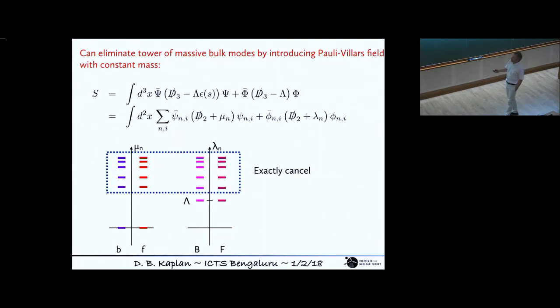They are exactly the same for all the non-zero values for the original fermion, but instead of having a zero mode, you end up with eigenvalues at lambda. So when you put this theory in, all this infinite tower will cancel, and you end up with a theory of one massless chiral fermion and one heavy flavor Pauli-Villars in the two-dimensional theory.